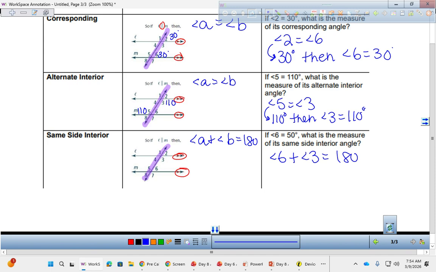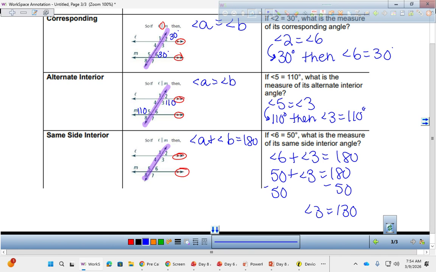So if angle 6 is 50, then we can solve for angle 3. Angle 3 must equal 130, because together they have to add up to 180. Obviously you don't need to do the work to show that angle. If you can just say it, that's fine.